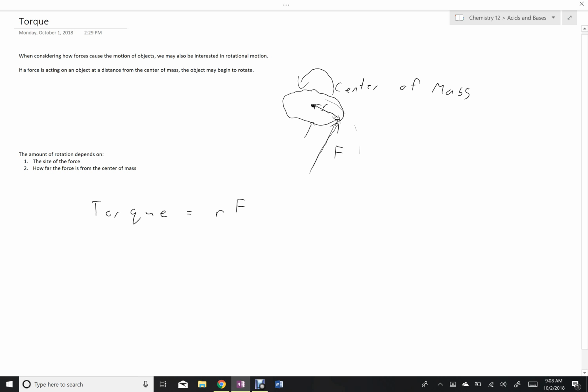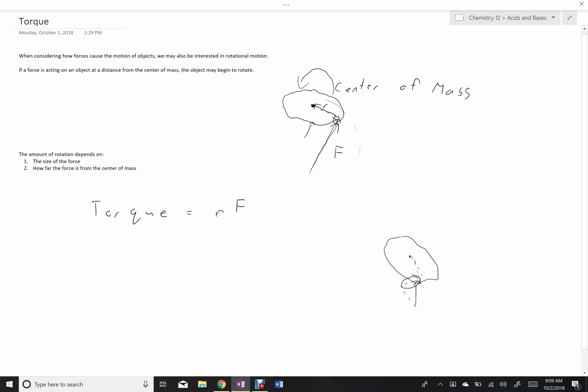I'm going to try and draw this separately now. And here maybe that's about our center of mass. And that is, if we apply a force, I drew this force at a 90-degree angle to the distance from the center. But if we apply this force on some funny angle where some of it is directed beside the object and some of it's directed along the object, what we can see is only some of this force is going to cause rotation.